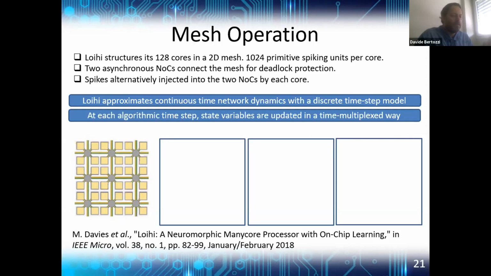The way it works is that when you evaluate a spiking unit, when the membrane potential exceeds a threshold level, it generates a spike message that is routed to a set of fan-out neurons. These fan-out neurons will be in destination neural cores. Now assume that all cores begin at algorithmic time step t.